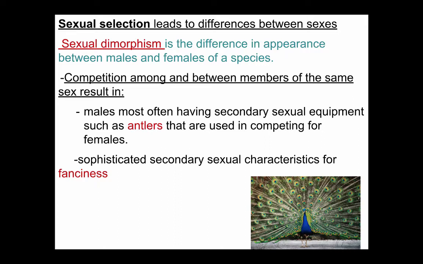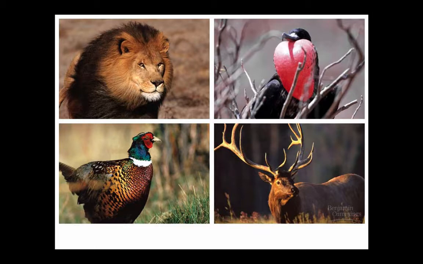What this results in is males most often having secondary sexual equipment, such as antlers or sophisticated sexual characteristics for fanciness, like in many birds, like the peacock feathers here. So we have the mane of a lion, the coloration of different birds, as well as the antlers, which can all be attributed to trying to entice or succeed in mating.